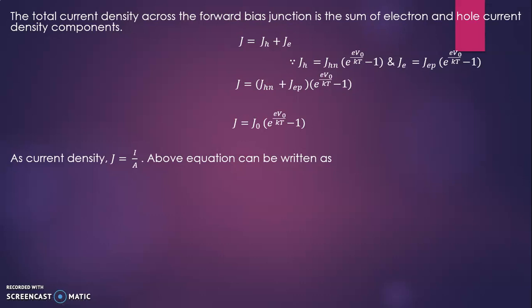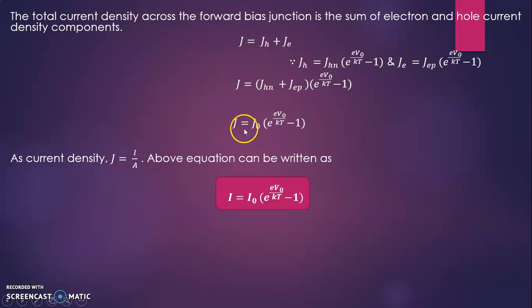as current density J is equal to I by A, that is current per unit cross-section area. The above equation we can write as I is equal to I0 into (e^(eV0/kT) minus 1).